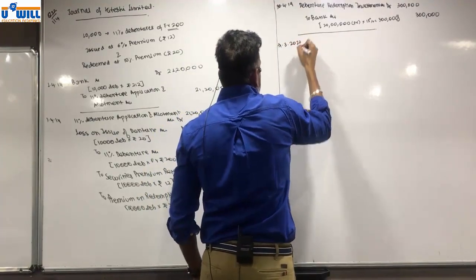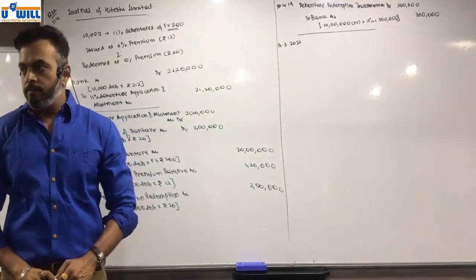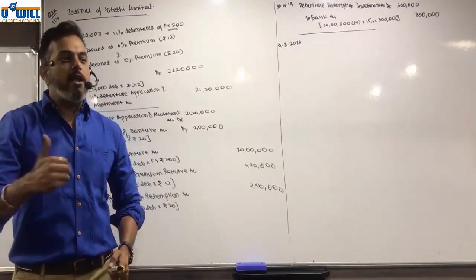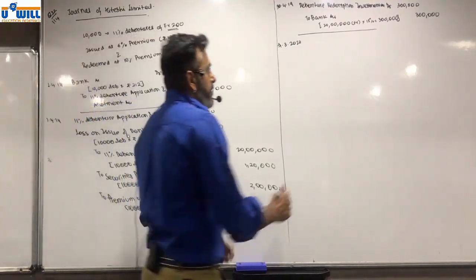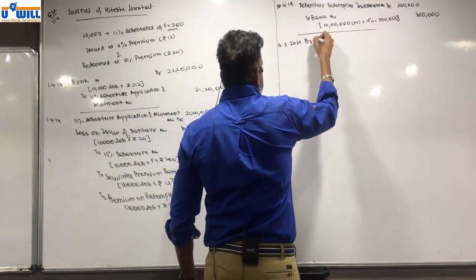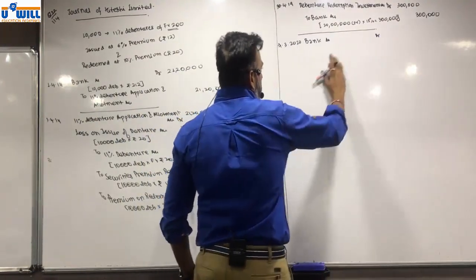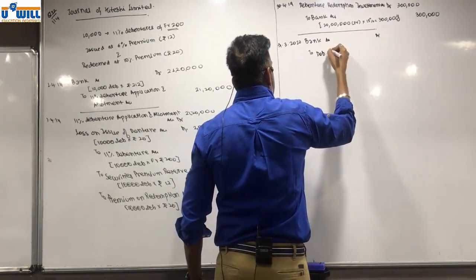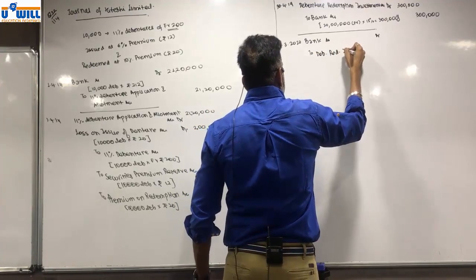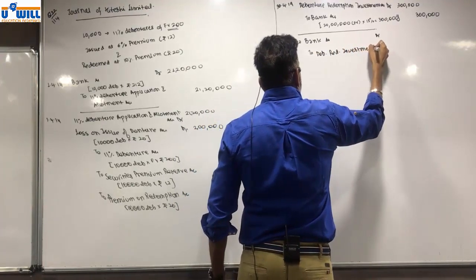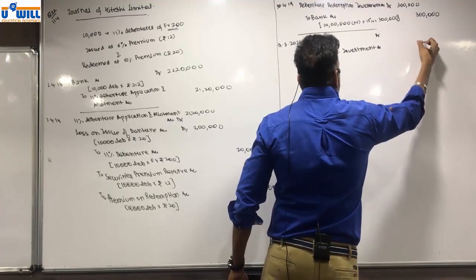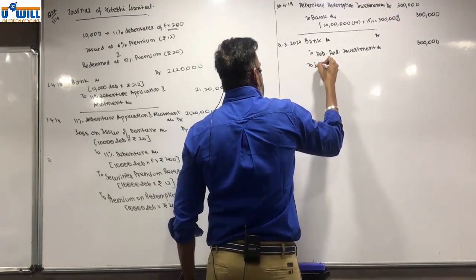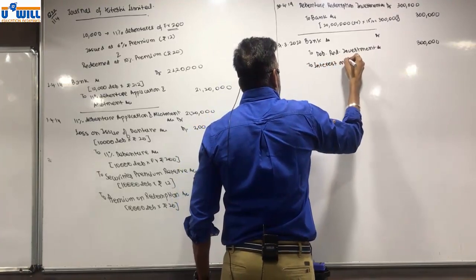31/3/2020, year-end, or on the date of redemption. First we will sell off our investments. So bank account debit to, don't write the amount, debenture redemption investment account 3 lakhs and to interest on investment account.